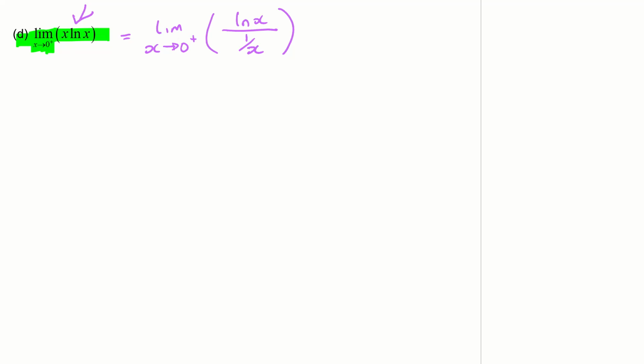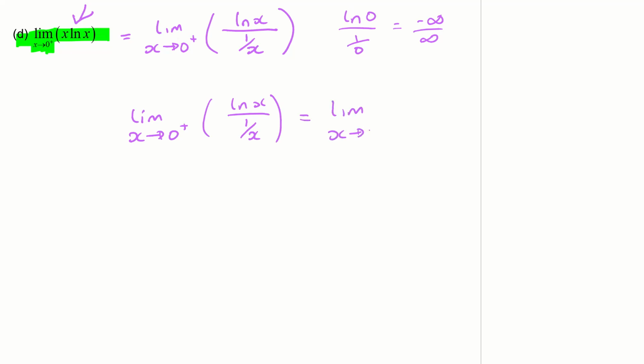If you stick 0 into this, what do you get? You're going to get ln 0 over 1 over 0, which is negative infinity over infinity. So it's indeterminate, and we can use L'Hopital. So the limit as x tends to 0 from above of ln x over 1 over x would be the limit as x tends to 0 from above of 1 over x over negative 1 over x squared.